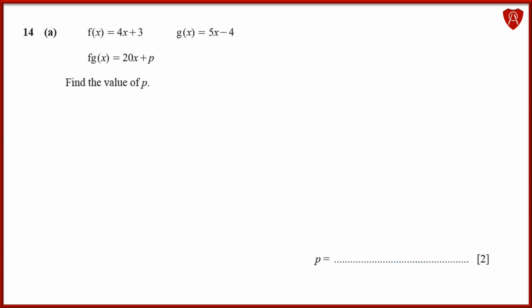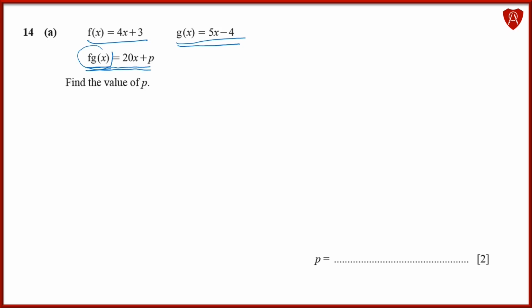Question 14. This is about composite function. Given f(x) is 4x plus 3 and g(x) is 5x minus 4, find the value of p in this expression.